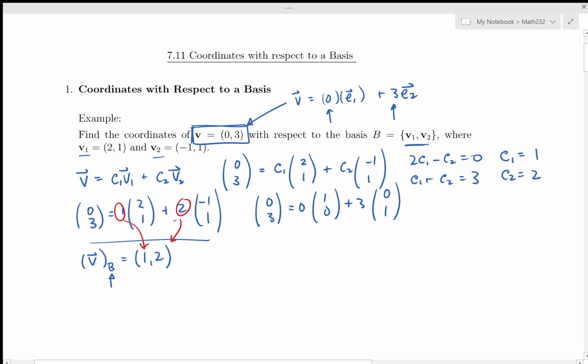In the same way, let S be E1 and E2. It's correct to write that v with respect to the basis S is 0, 3. That's been our assumption all along. We have just not indicated that.